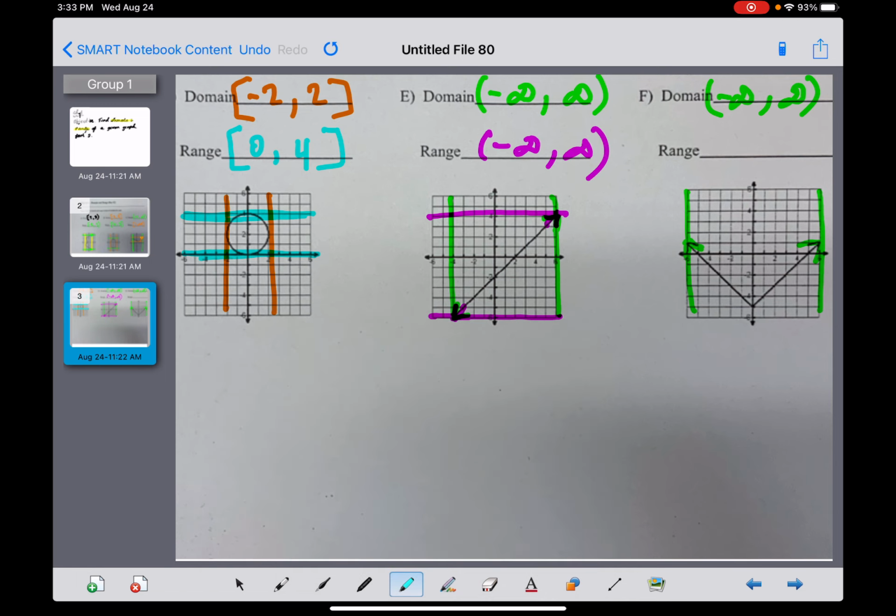And here, for range, it starts at negative 5. And for the top part, notice it has arrows right here. That tells us it keeps on going up and up. So it doesn't stop, right? So we use infinity. At negative 5 it's a bracket and infinity is a parenthesis. And that's it for today's lesson.